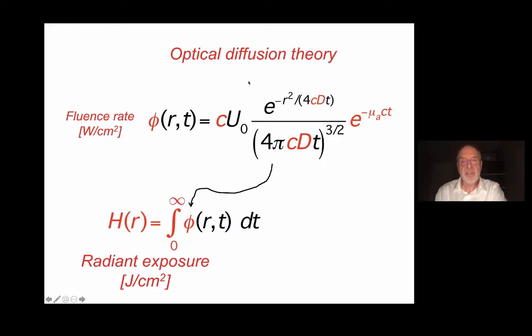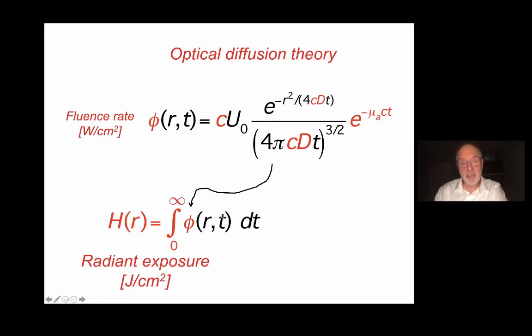Let's take this entire function and place it in an integration over time, integrating from 0 to infinity. Therefore, we only have a function of r, which is the radiant exposure, joules per centimeter squared, that has occurred at a given position.